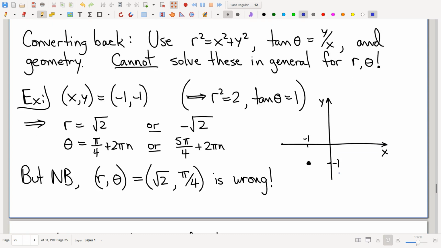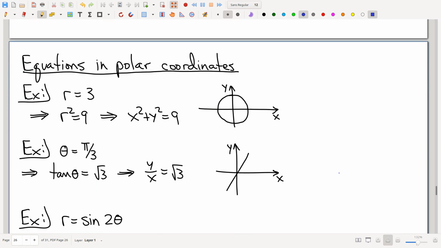Alrighty. Moving along. A couple of quickie equation conversions. So here we have a polar equation, and it's not hard to persuade yourself that that is a circle. After all, it's straight up telling you that the distance from the origin has to be 3, and of course that's going to be a circle. But let's suppose you hadn't noticed that. Check it out.